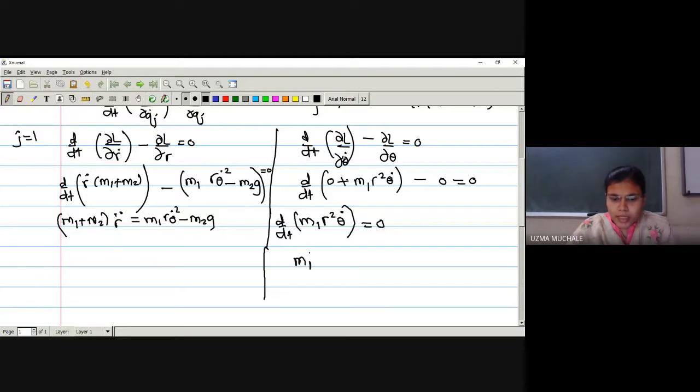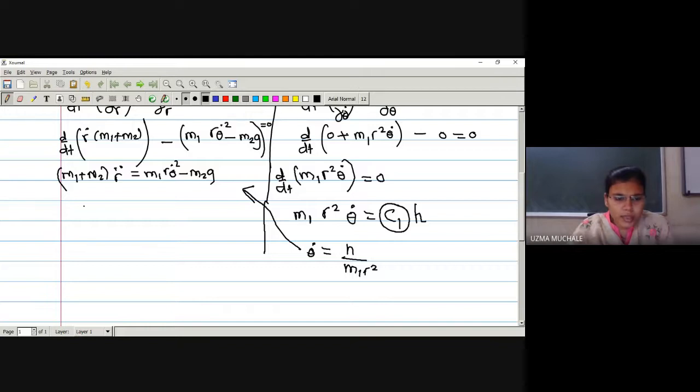Integration and derivative both cancel, and we remain with m1 r square theta dot equal to some constant, say c1, or we can call it h to make it look simpler. So theta dot is equal to h upon m1 r square. This value of theta dot I have to put in this equation so that we can reduce it.